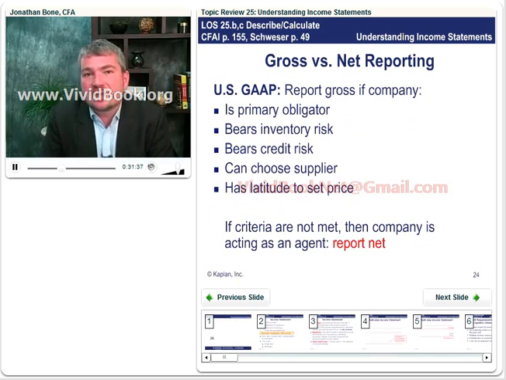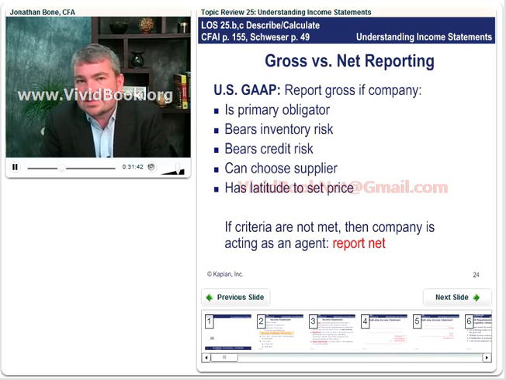US GAAP gives us a little bit of guidance about when we should report gross. Now it says if the company making the sale is the primary obligator, so they have the responsibility with the customer, if they hold the inventory and as a result they bear inventory risk such as obsolescence, if they have the credit risk if the customer doesn't pay, if essentially the merchandising company can actually choose which supplier to fulfill the order, and if we have latitude to set price, then essentially we're going to report gross.